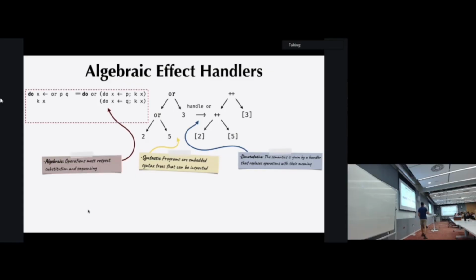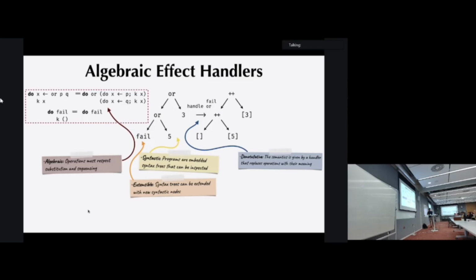Another reason that we like them is that they're algebraic, so the operations always respect substitution and sequencing. And this is a big deal. If your programming language is weird with respect to substitution, it makes it very difficult to know what on earth is happening, and here we have a guarantee that that works out. They're also extensible, which means that the syntax trees themselves can be extended with new syntactic nodes. This is also an interesting point.